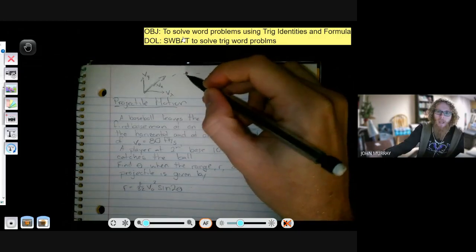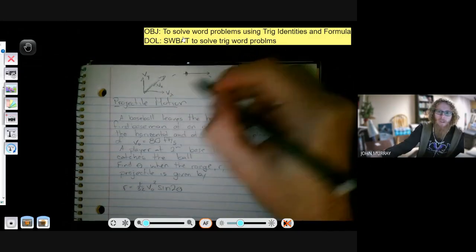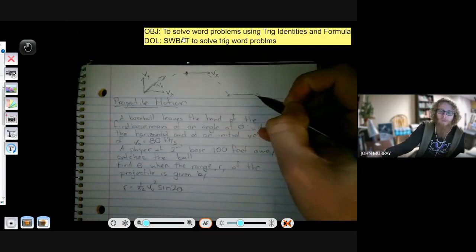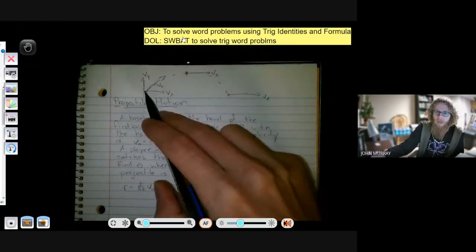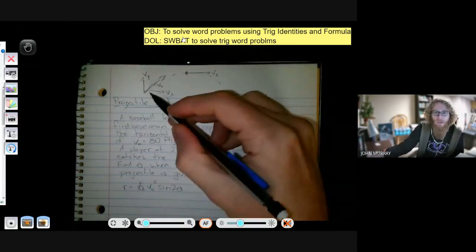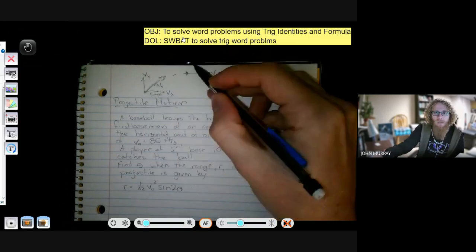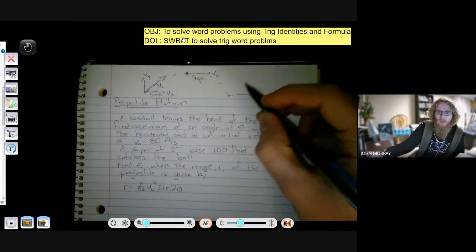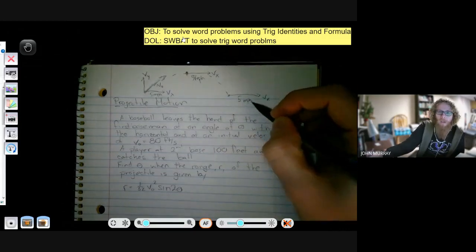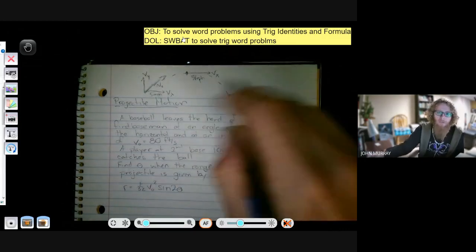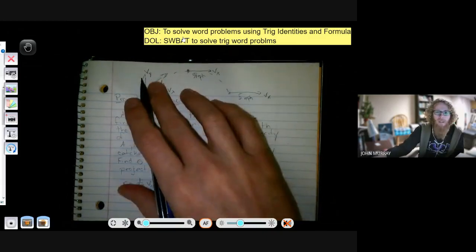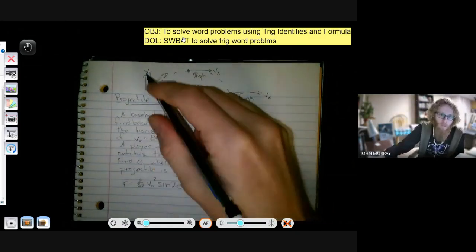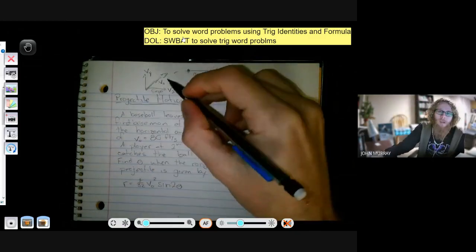So depending on where I'm at, what's interesting is the horizontal motion always stays the same, right? It's got the same value. So, if this was 5 miles an hour, this would be 5 miles an hour in the x direction. The y direction is affected by gravity. So when you first throw it, it's got some velocity up there.